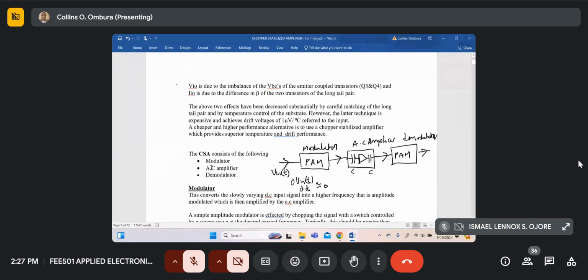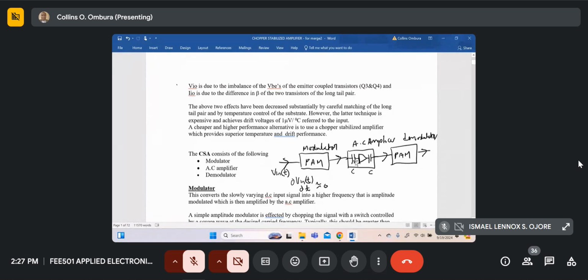The second stage is our AC amplifier. It's called an AC amplifier because only AC is allowed to be amplified by our direct coupled amplifier. The amplifier itself is actually like an instrumentation amplifier. So it's a DC coupled amplifier, but you want only AC to enter it. So we use these capacitors, which are drawn over here, both at the input and the output.